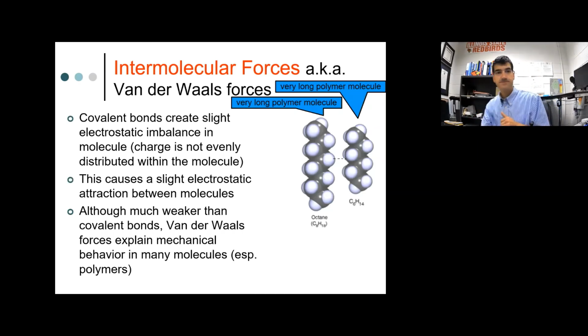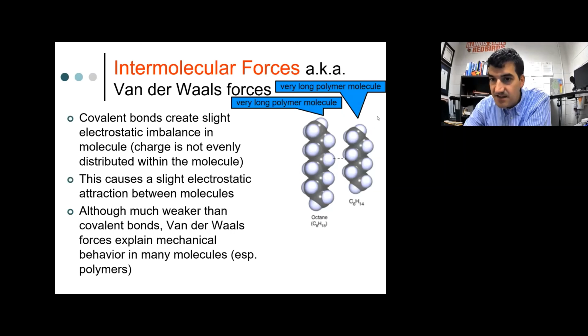So as a result, you've got places in this molecule that have a little bit more negative charge and other places that have a little bit more positive charge. Since carbon wants the electrons a little bit more than the hydrogen does, out here on the edges of the hydrogen, say here and here and here, you end up having a slight positive charge.